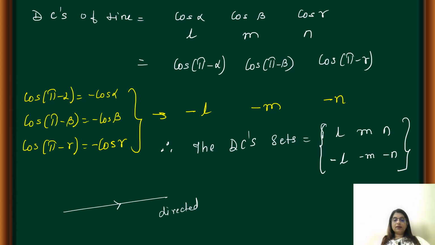So from now onwards we are going to call our line a directed line, and this takes us back to chapter 10 again. Whenever we refer to a line, we will consider that as a vector, correct?